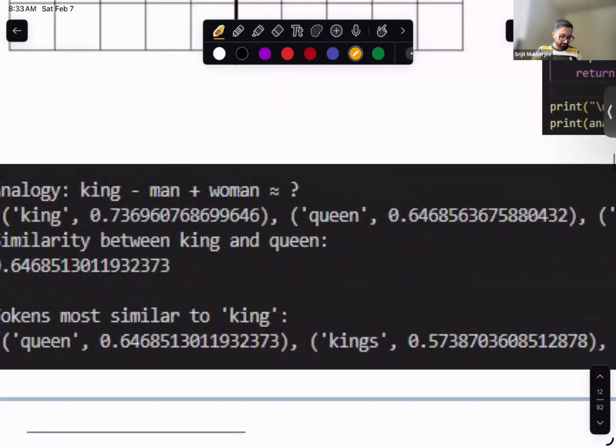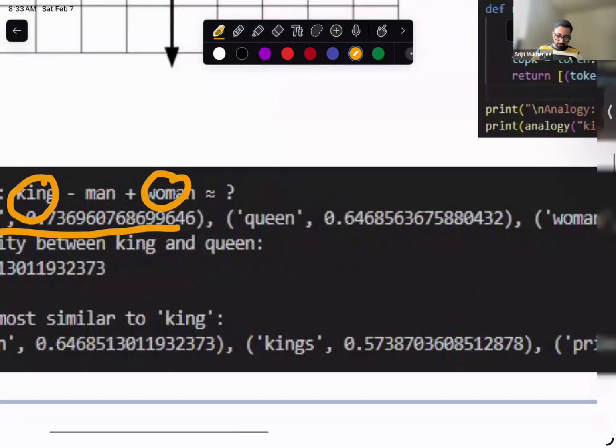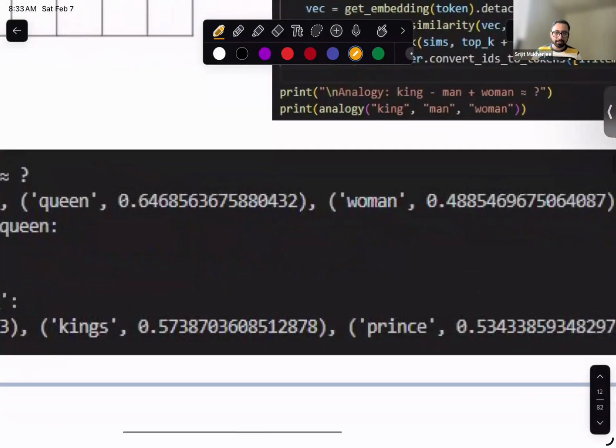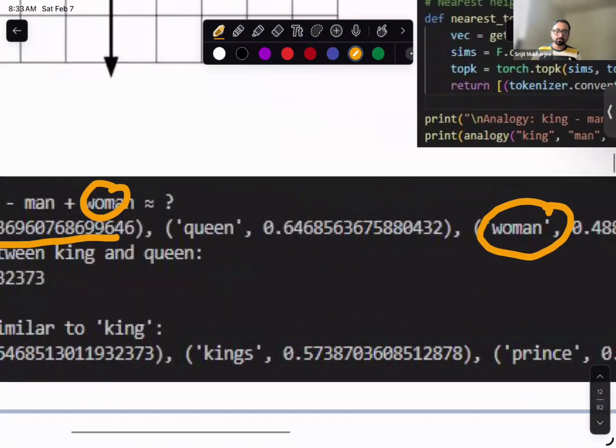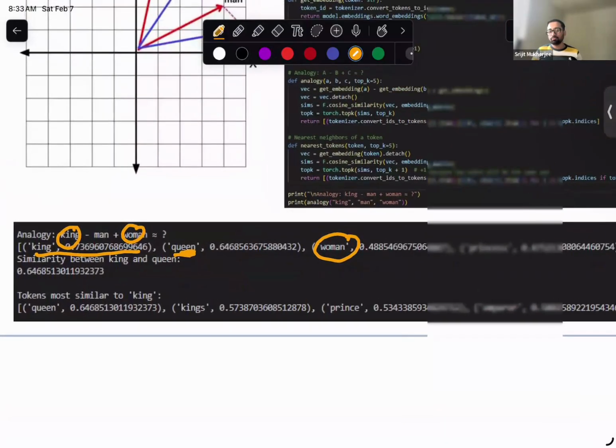And you can see naturally the king will come first, the reason being that king is the first word. In fact, not only king, but woman also comes. But in between, there is also a queen, which tells you that it's exactly probably doing what it's doing.